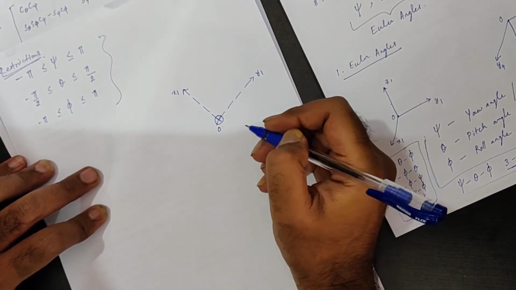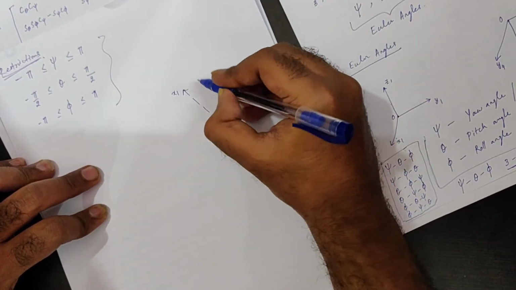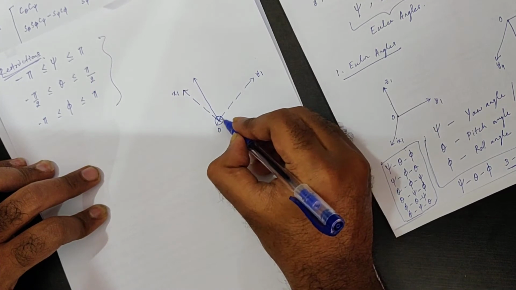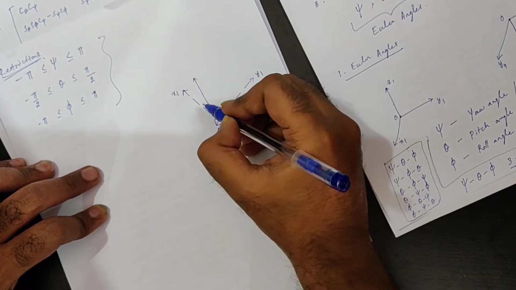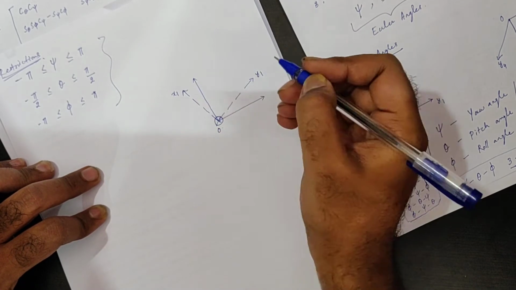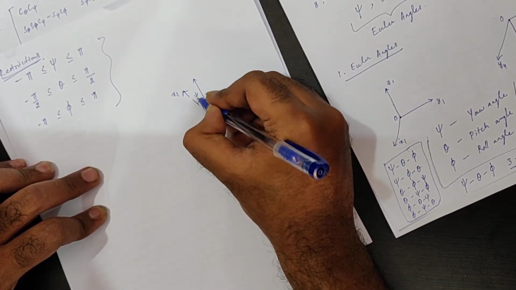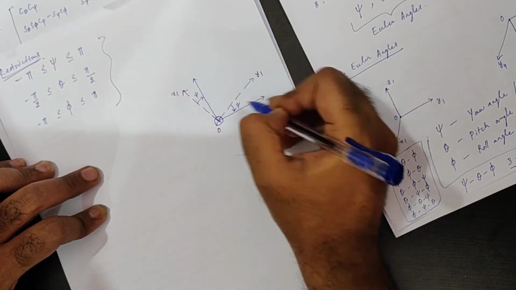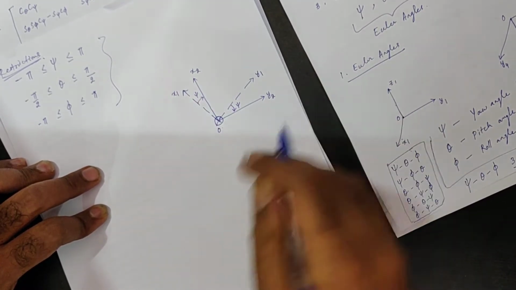So this is the origin, and if we take any rotation, suppose I took this way, this is the final position after the rotation about the z-axis. The rotation about the z-axis is also known as psi. It will give us the psi angle, yaw angle, right? So the final position is suppose x2, and this is y2.